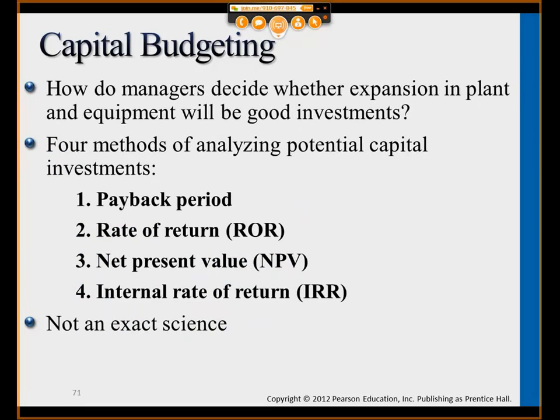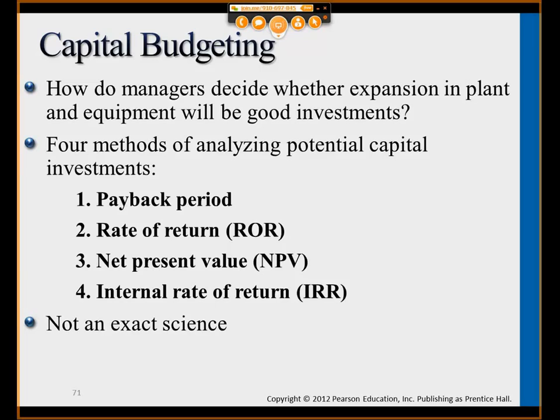Another thing that I wanted to discuss with you on capital budgeting is how managers decide whether that expansion in plant or equipment is a good investment decision. How do managers make that decision? So there are several methods.